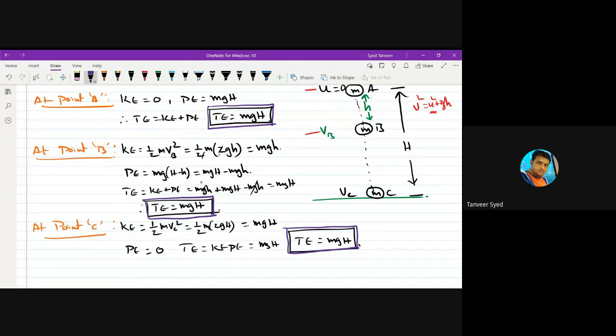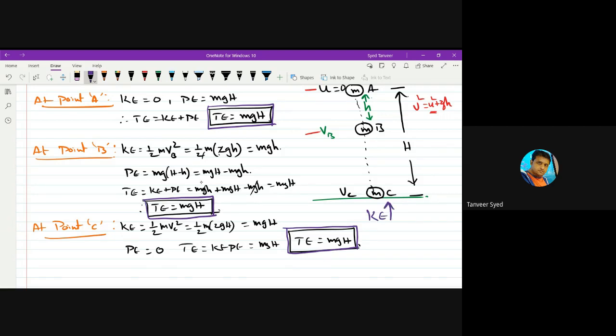At point A, kinetic energy was 0. Potential energy was maximum. At point C, kinetic energy is maximum. Potential energy is 0. So the potential energy at point A is converted into kinetic energy at point C. Kinetic energy is increasing, potential energy is decreasing.